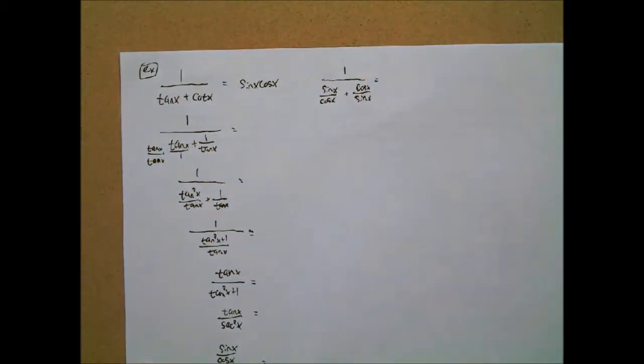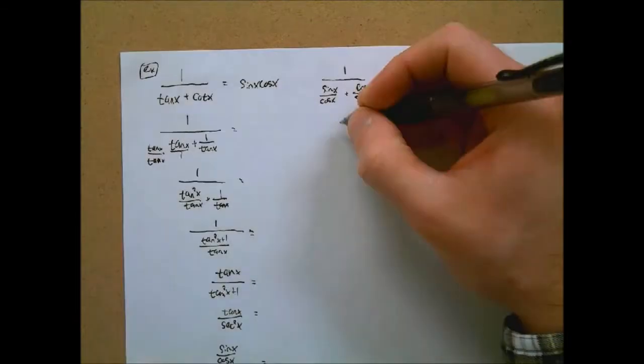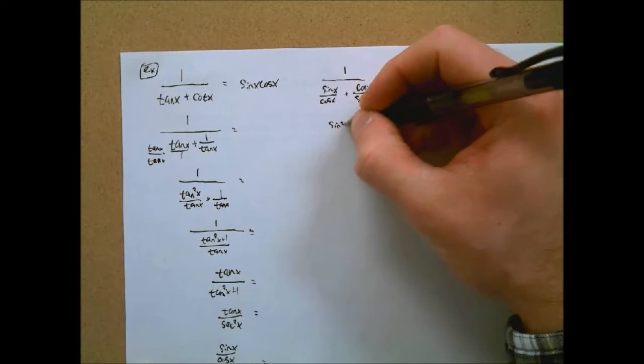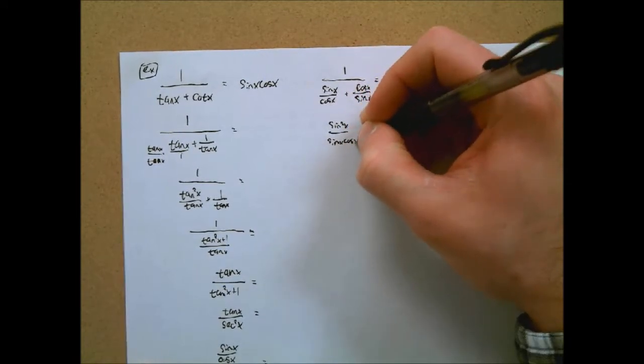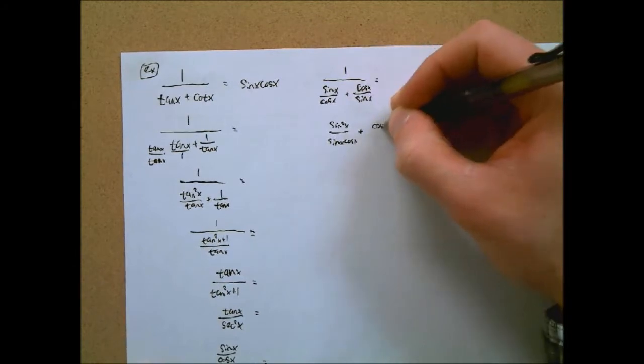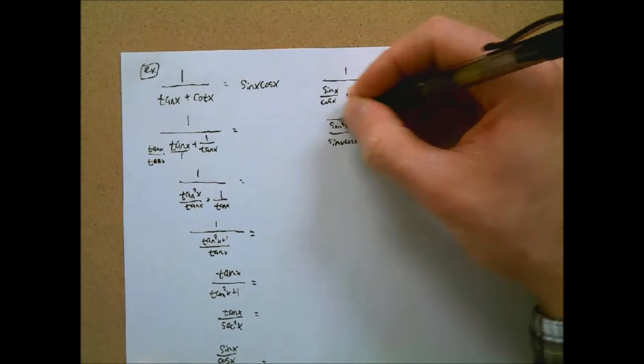So change it to sine and cosine. Get common denominators here. This denominator is missing a sine, this denominator is missing a cosine. So you end up with sine squared over sine x cosine x plus cosine squared over sine x cosine x. And it's like 1 over that, of course.